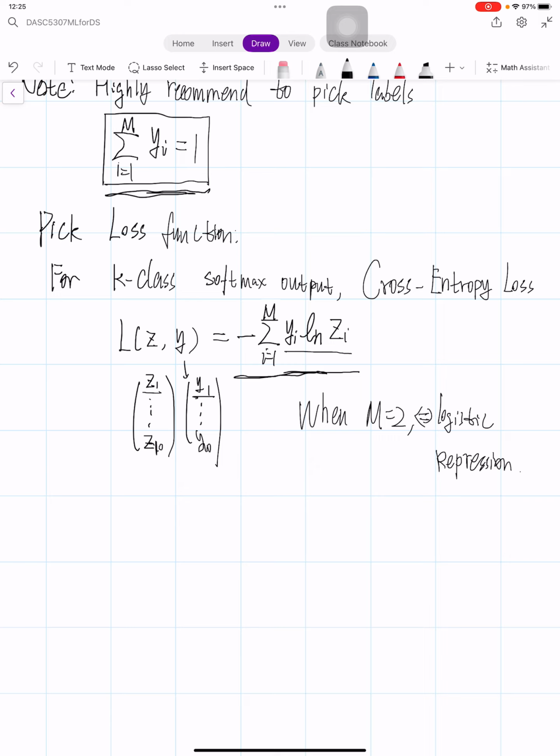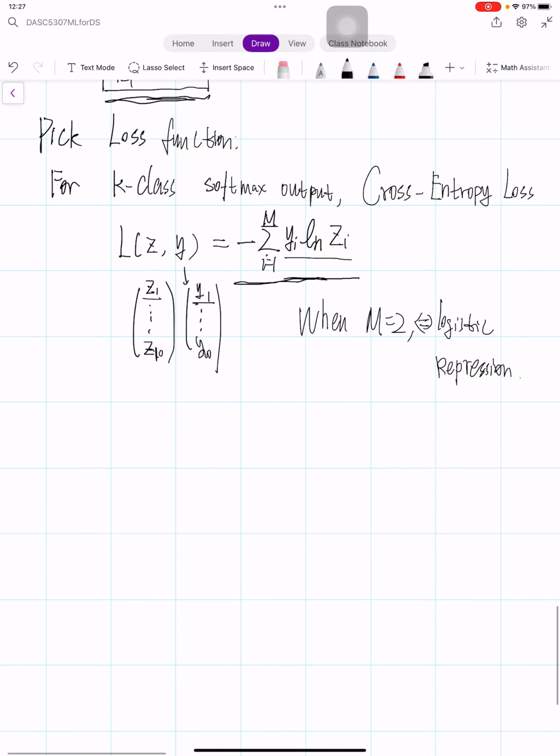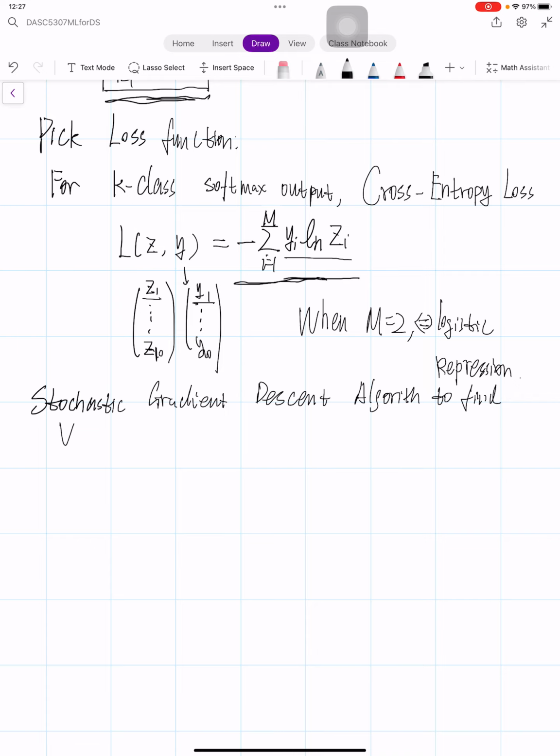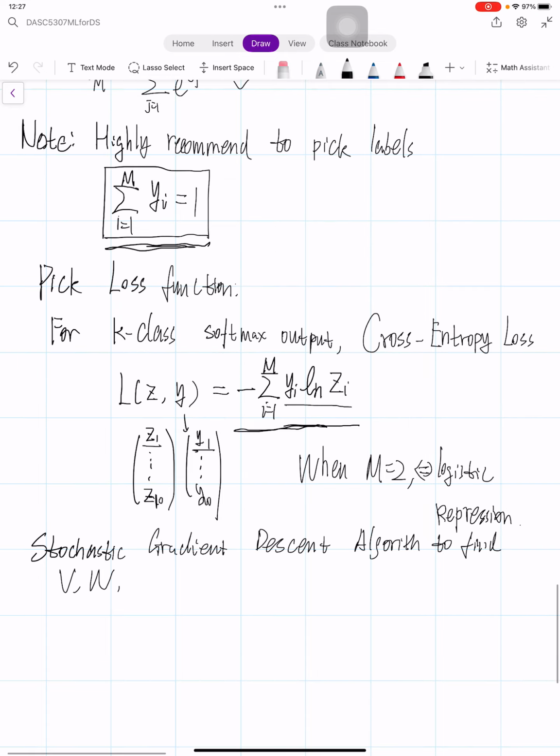And then we apply the stochastic gradient descent algorithm to find V and W, all the weights.